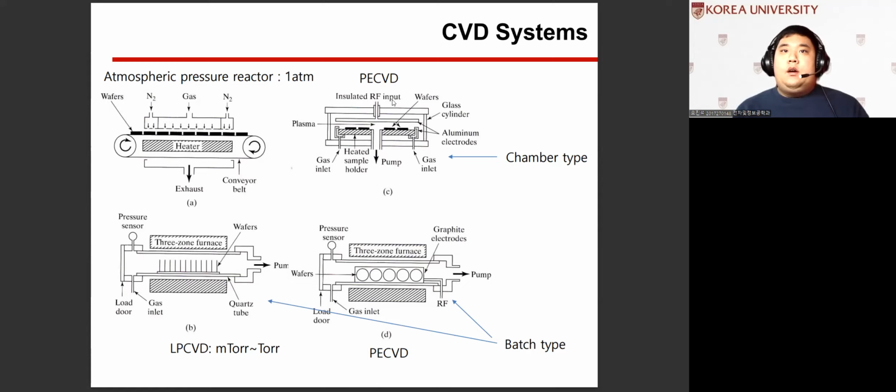However, industrially, low pressure CVD or plasma enhanced CVD is relatively widely used. We can use the plasma to enhance the growing, or we can make a low pressure chamber so the materials are less scattered and grow uniformly.